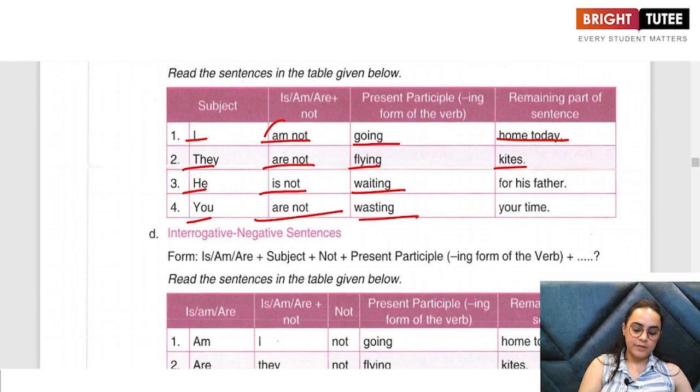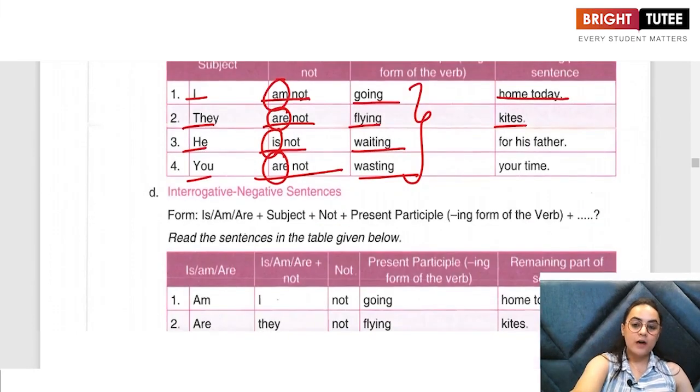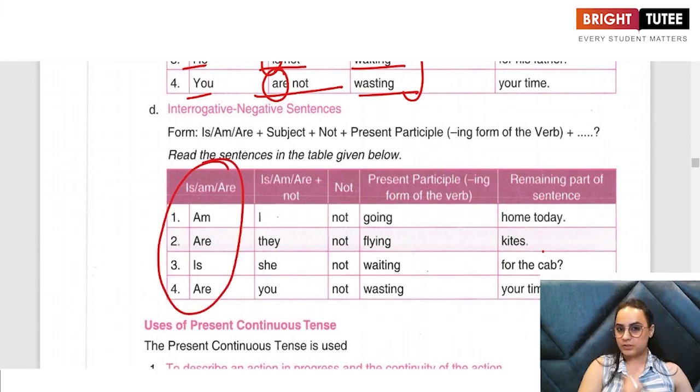So with I, we use am plus not. With they, we use are plus not. With he, we use is plus not. And with you, we use are plus not. And the ing forms of them. And now comes the interrogative negative. Since they are interrogative, we know that the helping verbs are going to take the first position.